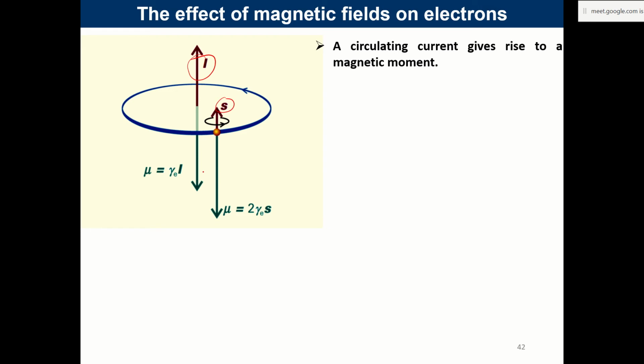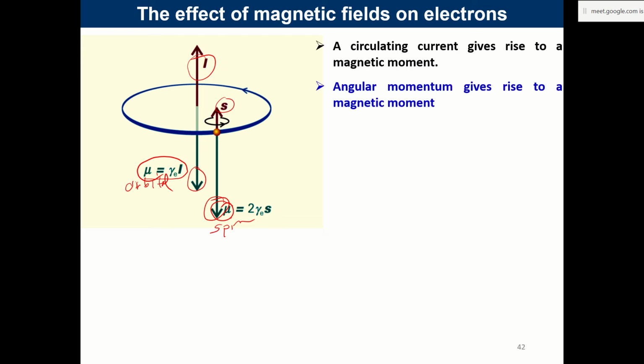L and S generate two magnetic moments, mu, this due to orbital motion, and this due to the spin. So we are treating these two entities, the two magnetic moments, as originating from two tiny magnets, and then the interaction gives you the overall thing.